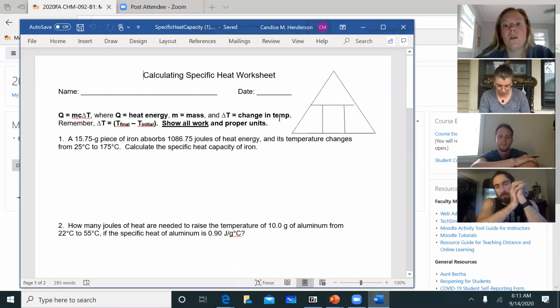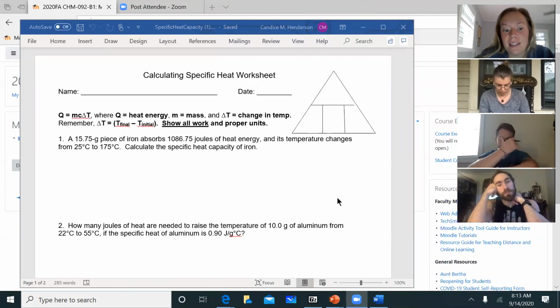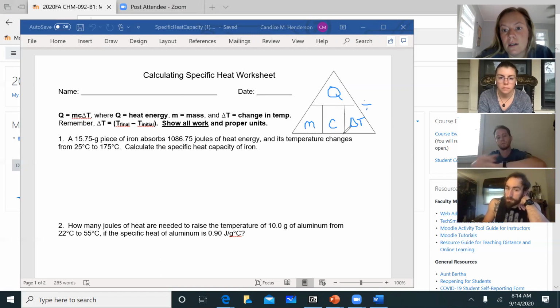Okay. Oh yeah, the triangle. Okay, let me show you guys the triangle here. So we're gonna work on the first two. So here is a way to help you isolate variables, because some people have trouble with isolating variables. So you can put a Q up on top, M, C, delta T. This is a division bar.